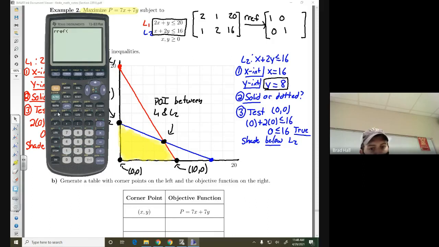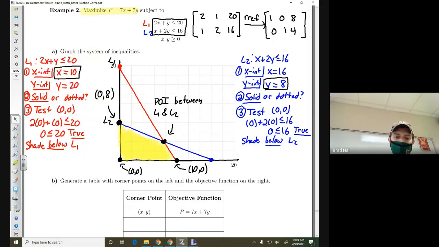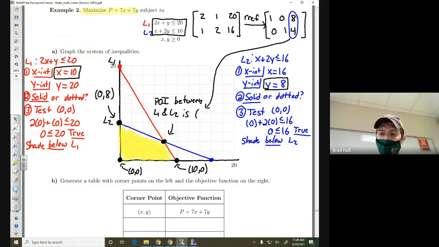And we need to take that for the matrix A, which gives us the final column of 8 and 4. And that tells us the point of intersection, actually. That final column tells us that the point of intersection is 8, 4.